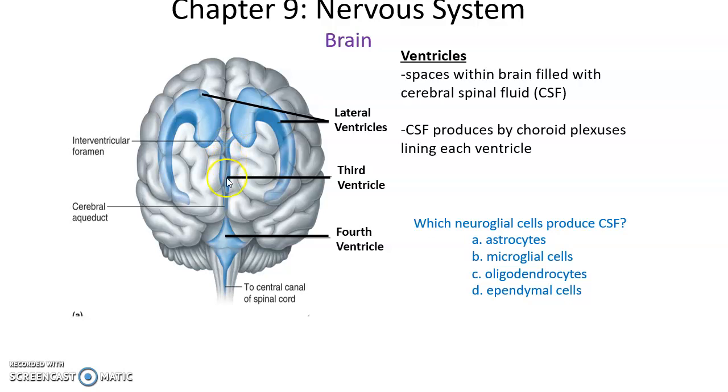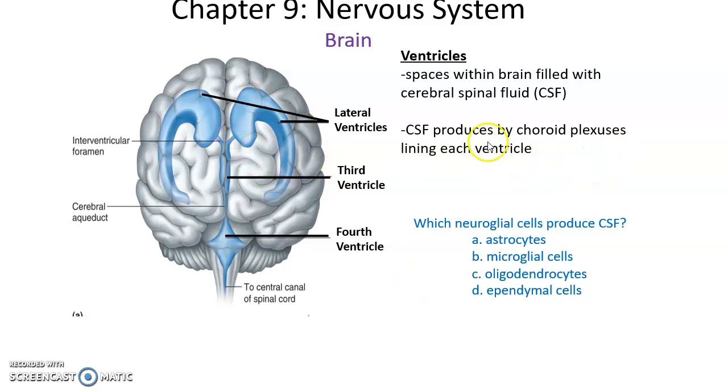They then connect to the third ventricle that lies between the two sides of the diencephalon, and then the cerebral aqueduct connects to the fourth ventricle, which is between the brainstem and the cerebellum, and then these connect to the central canal in the spinal cord and to the subarachnoid space in the brain.